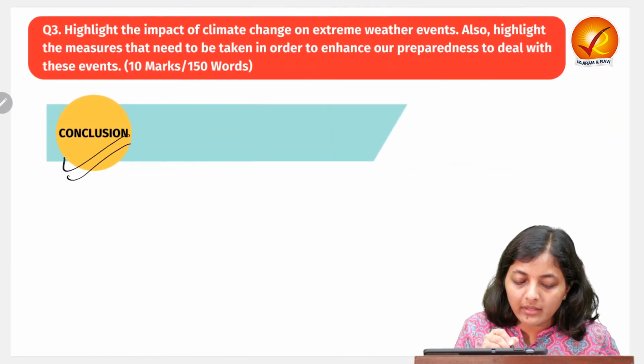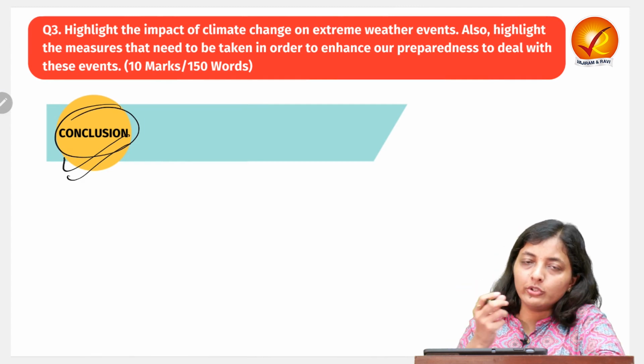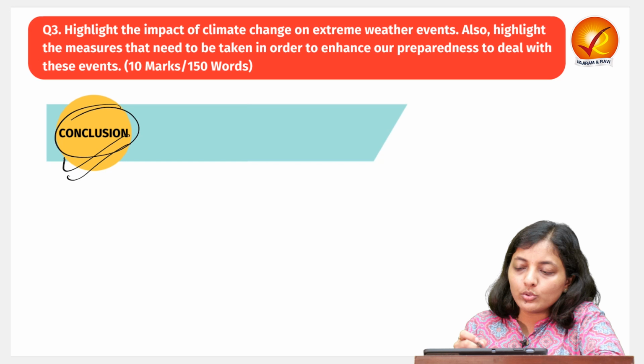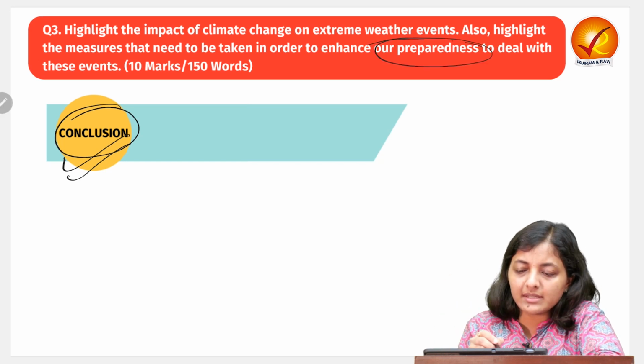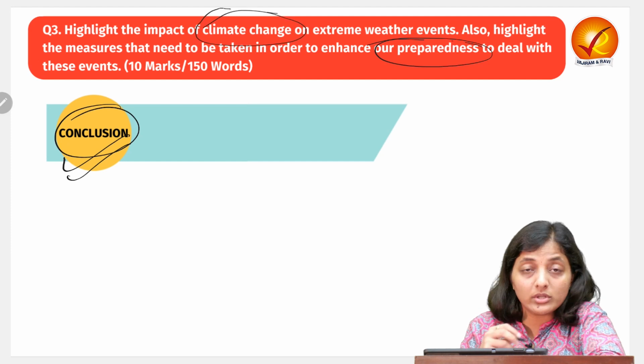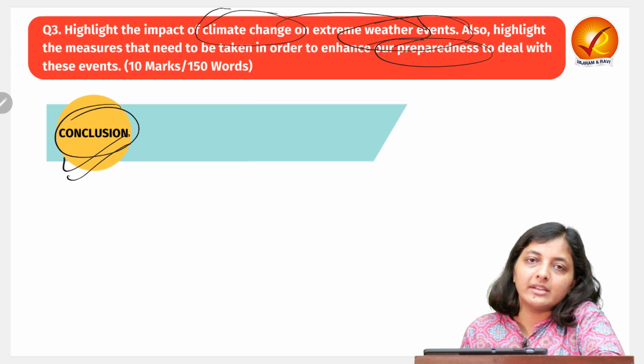In the conclusion, we can write some good practices, like any case study, that shows the preparedness, or you can write a case study with respect to any situation going on with climate change and extreme weather events.